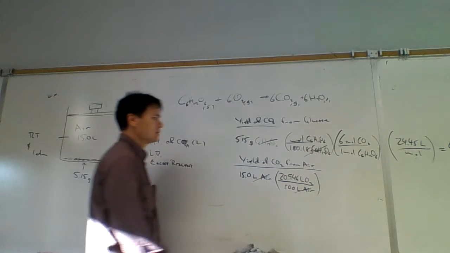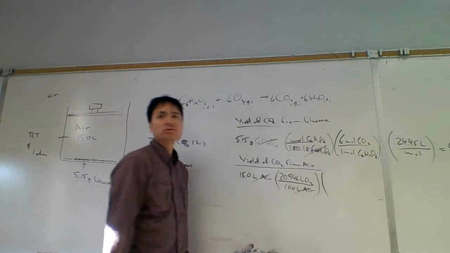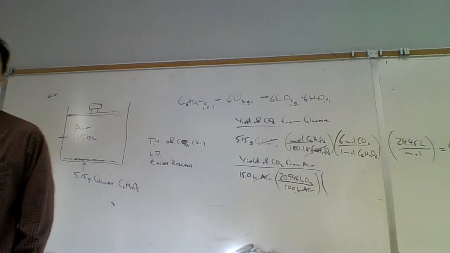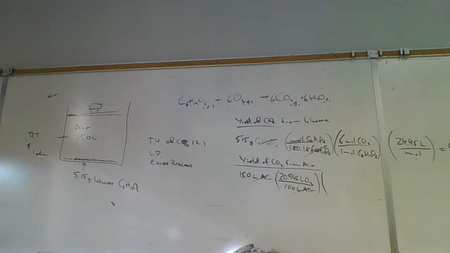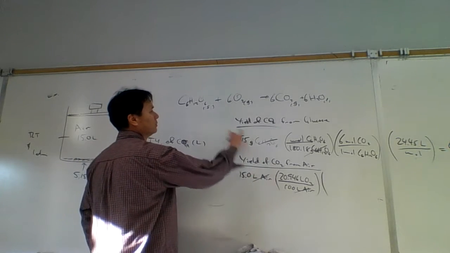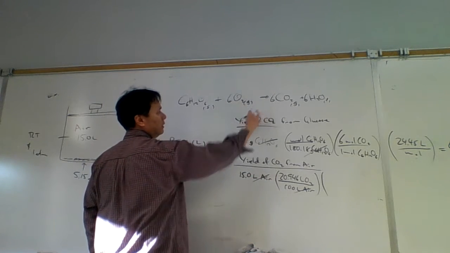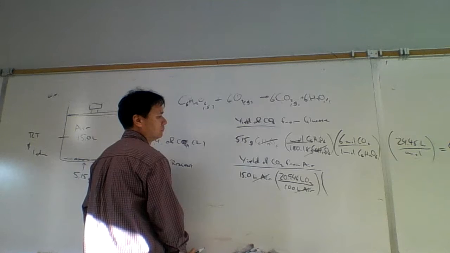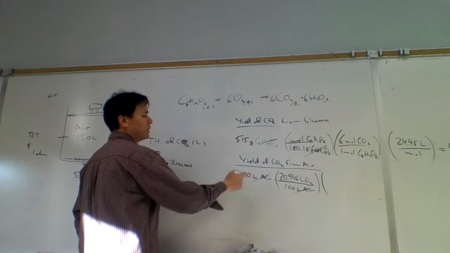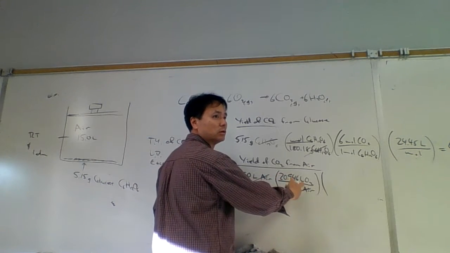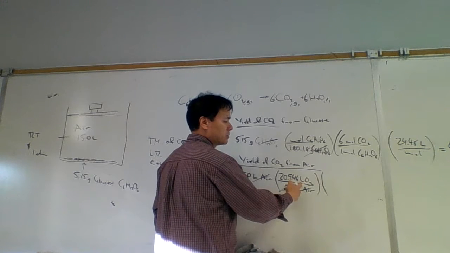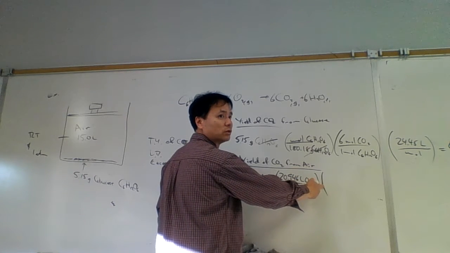So liters of air cancel, and that tells me how many liters of O2 I have. Since O2 is a gas, we can do two things. We can go from liters of O2 straight to liters of CO2 using Avogadro's, or we can go from liters of O2 straight to moles of O2.